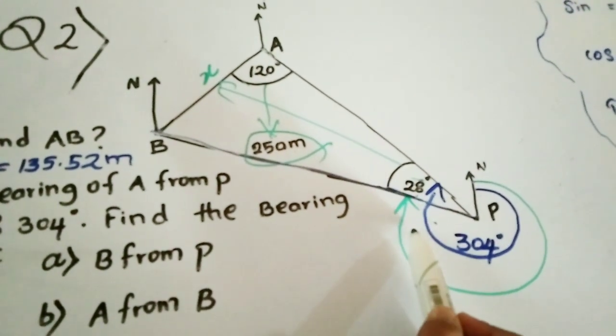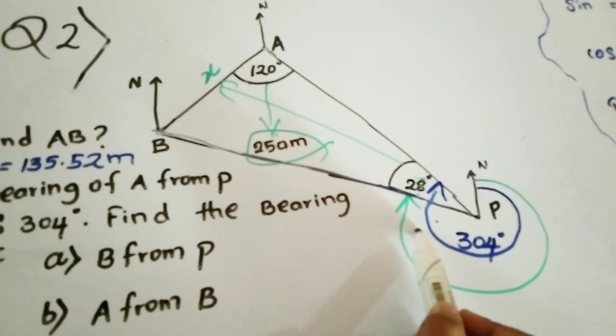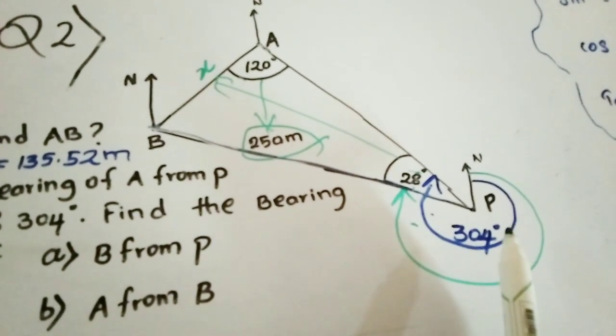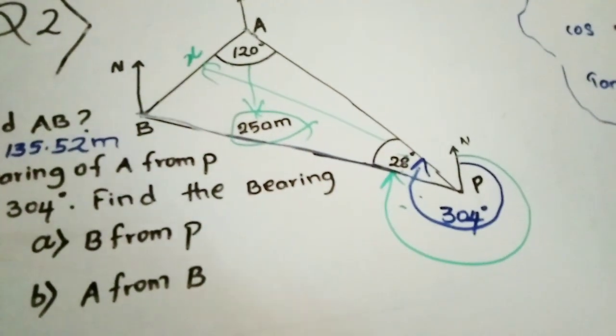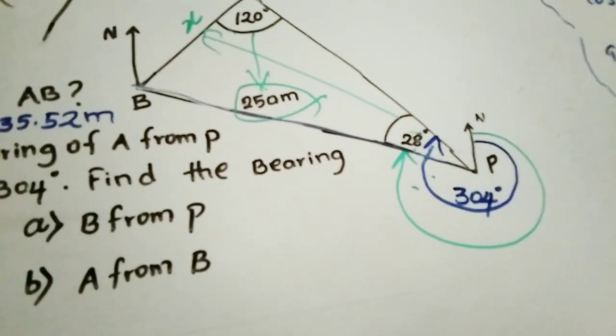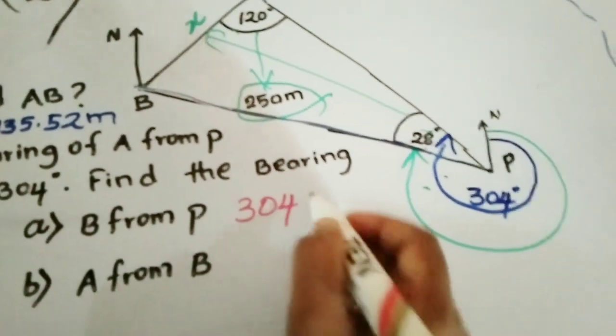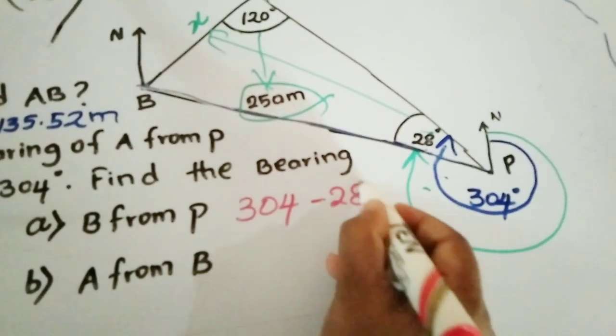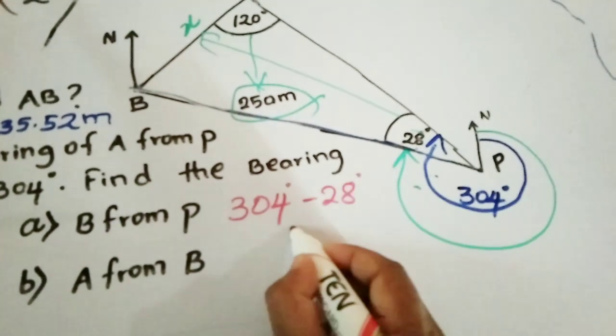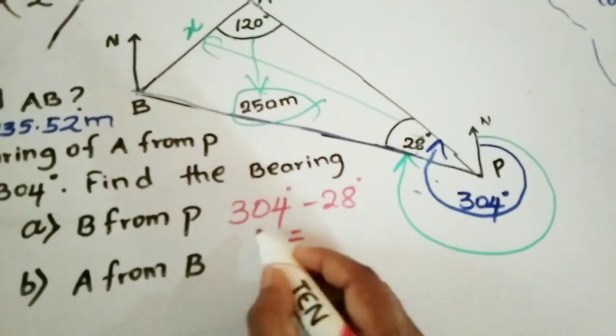Altogether the angle is 304. The small part is 28. So by deducting both we can find the answer. How? 304 minus 28. What's the answer for that?